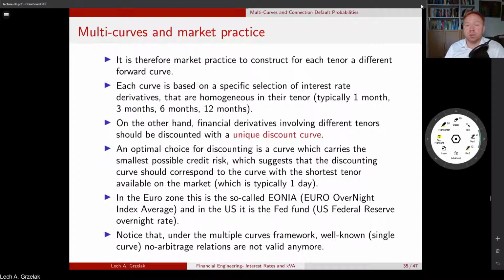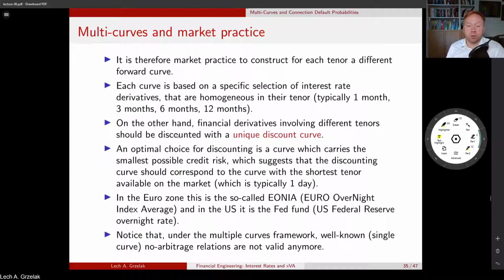And the market consensus is that the discounting should take place based on the highest frequency tenors. So this means the least probability of default. That would be a proxy for the risk-free discounting. So typically, for discounting in multiple curves, we use a unique curve, which is associated with a tenor of, let's say, 1 day. Typically, this is the shortest tenor available.